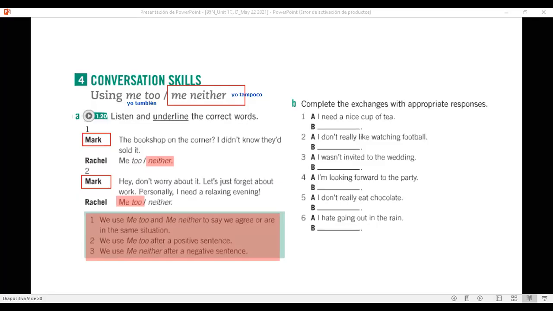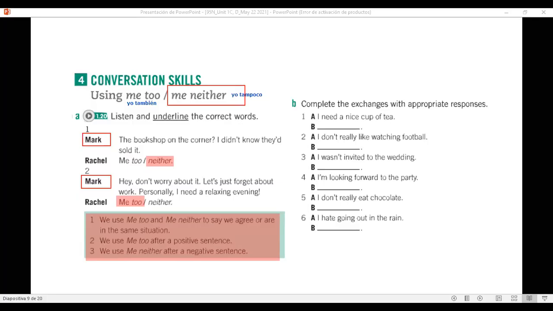Okay, teacher. We use me too and me neither to say we agree or are in the same situation. 2. We use me too after positive sentences. 3. We use me neither after negative sentences. Perfect. Thank you, Luis.